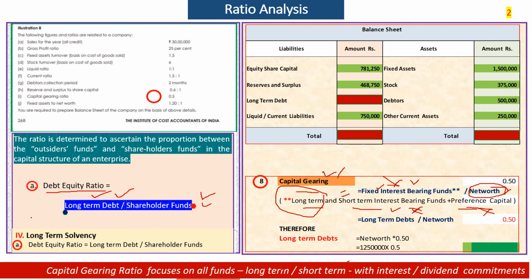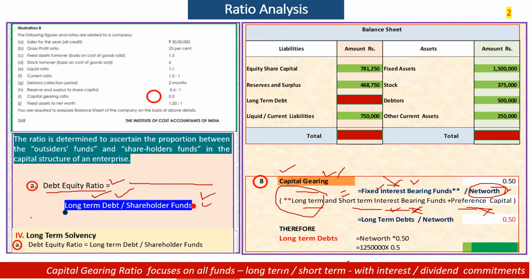Capital gearing is similar and equal to debt equity ratio when there are no short-term borrowings, no preference capital. In our problem, we don't have preference capital, we don't have short-term bearing funds, we have only long-term bearing funds. We have to remember both are the same, only name has changed.